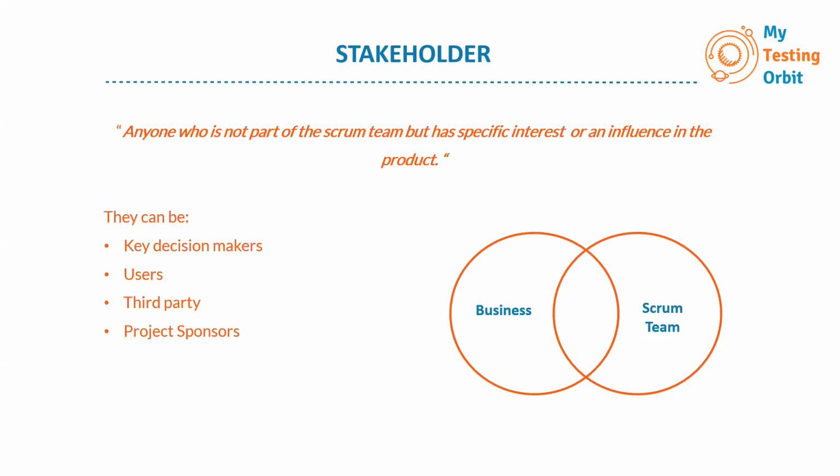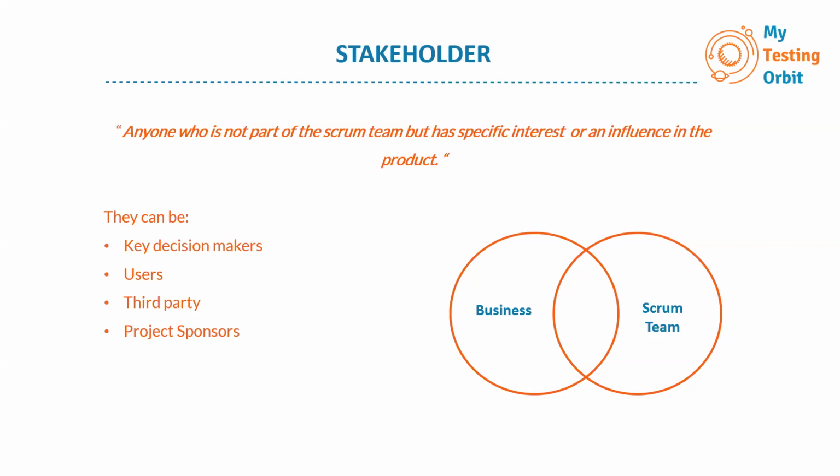Okay, so this is to show you how the Scrum team and the business team are aligned. So the Scrum team has been working on the sprint. They have been developing the features, testing the features, and completed the sprint or the release. And then on the other side, we have business, who can be anyone from the stakeholders, as we discussed.